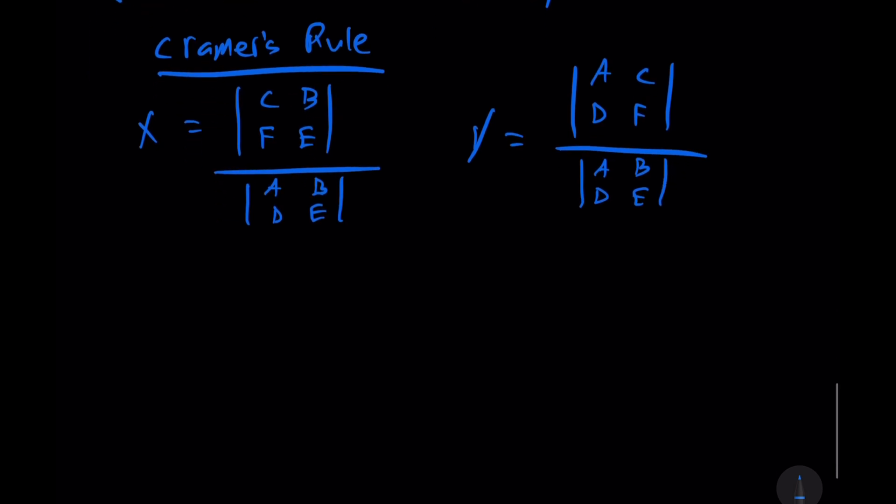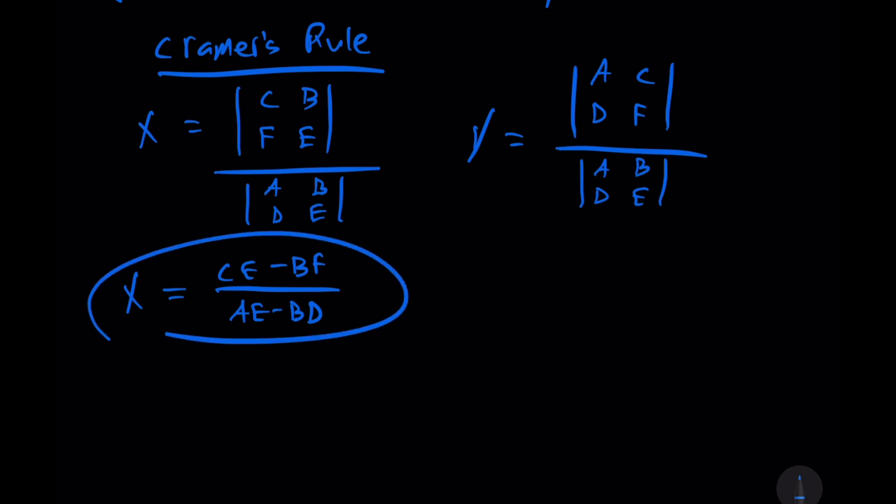And if you do the math on that, you'll figure out that x is ce minus bf over ae minus bd, that's x. And then y is af minus cd over ae minus bd.